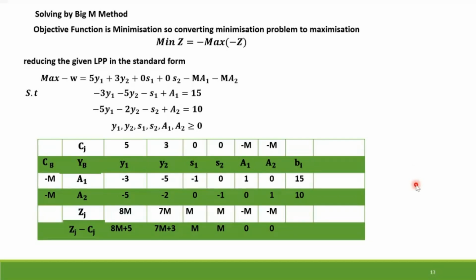Which will be the, Harsh is saying 8M minus 5. Which will be the key column in this case? Zj minus Cj, yeah. What is that, Yash? Zj minus Cj means? हाँ, कैसे कैसे? हाँ, वो मैंने पहले चेंज किया था, यहाँ माइनस आएगा बिकॉज पहले यहाँ माइनस था ना.